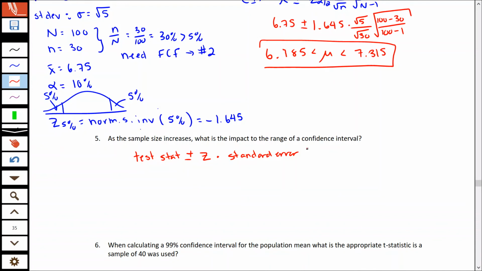So as n goes up, as n increases, standard error, right? And we want to remember that standard error, something like sigma divided by the square root of n, could also be s divided by the square root of n. The main thing here is that that standard error is going to get smaller.